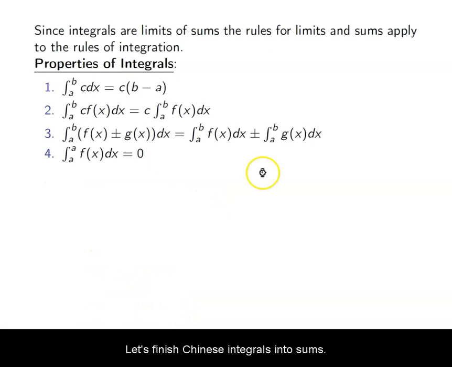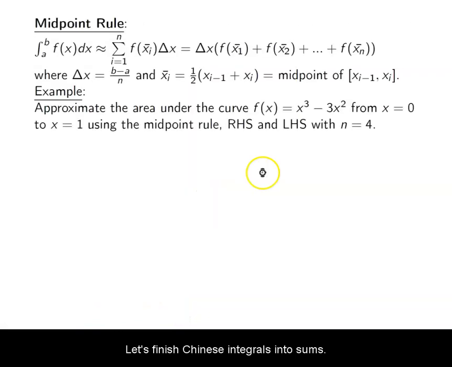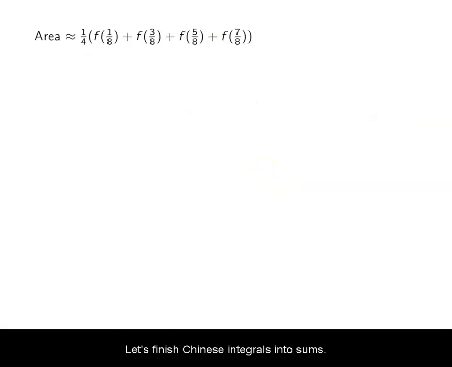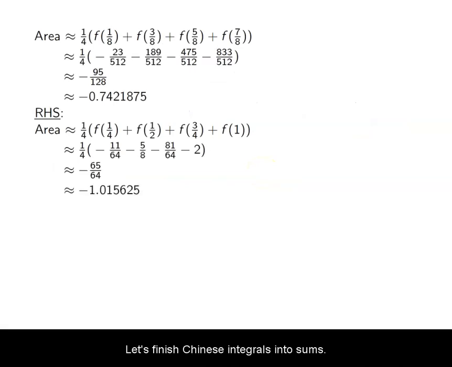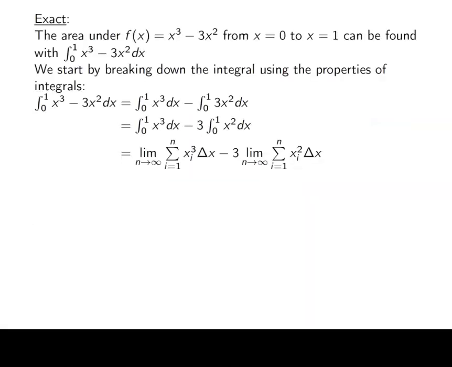Okay, so let's finish turning these integrals into sums so that we can use the properties of sums and take their limit as n goes to infinity. So I have my integral of x cubed minus 3 times the integral of x squared. This integral gets replaced with the limit of a sum.